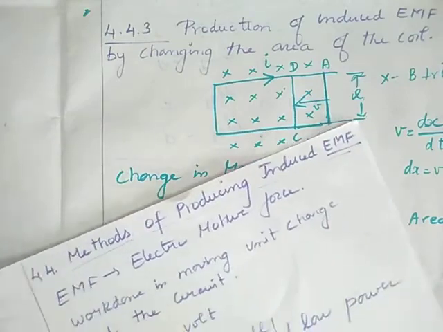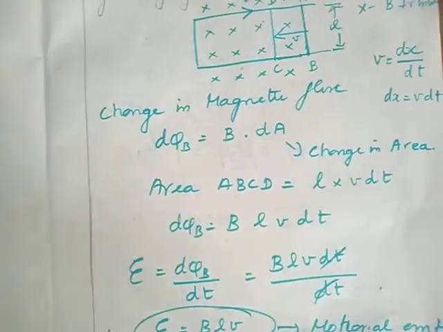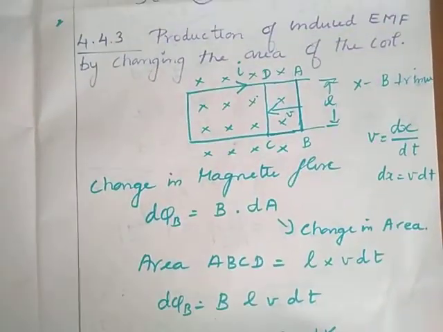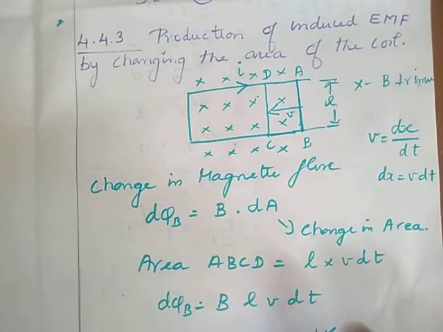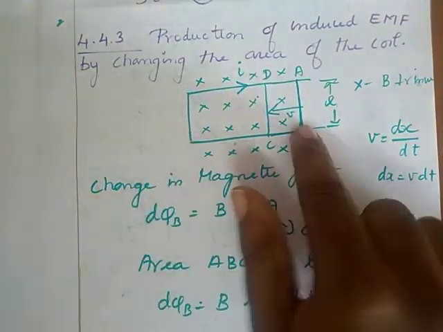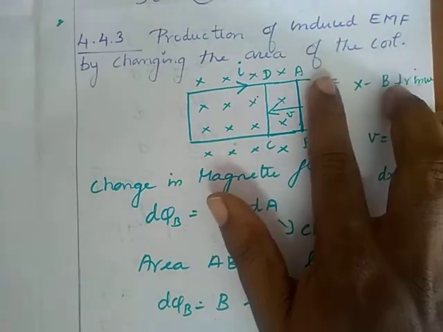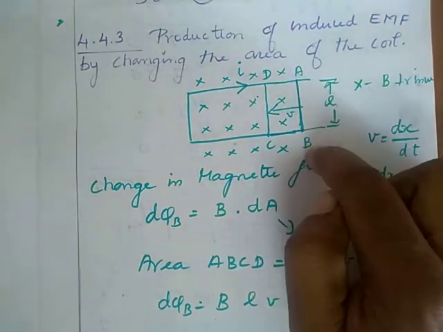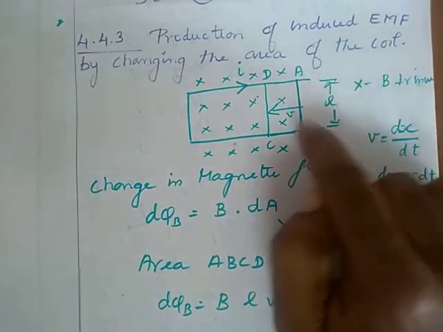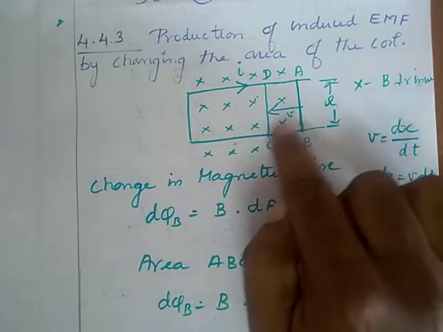Then the next method is production of EMF by changing the area enclosed by the coil. Here I consider a metallic frame. On that metallic frame I placed a sliding conductor, AB. It moves with velocity V by a mechanical work.